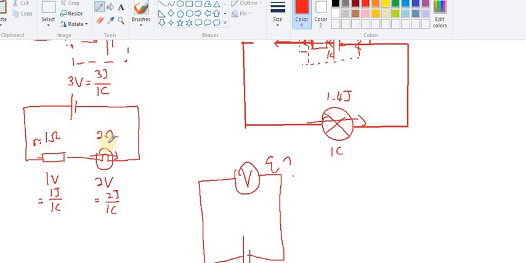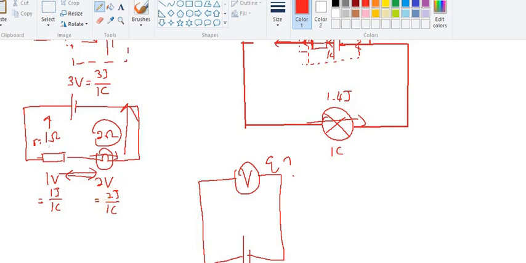So that means if the internal resistance is higher, then more energy, more work done, will go towards the internal resistance. Same thing if the external resistance is very high, then more energy will go towards the external resistance.